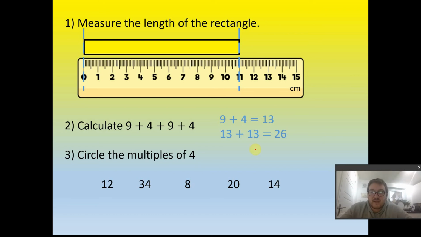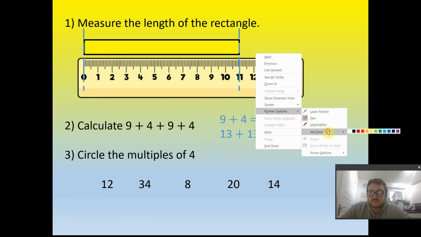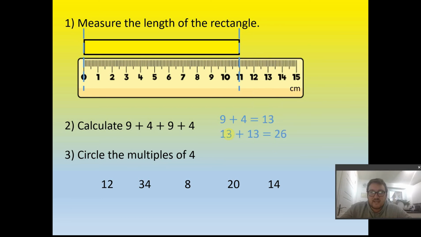Another method you might end up using is that you might add up the multiples. So for instance, I know 9 and 9 equals 18 because of my 9 times table, and I know 2 lots of 4 are 8 because of my 4 times table, and then I know 8 add 18 is 26. So whichever works for you guys.